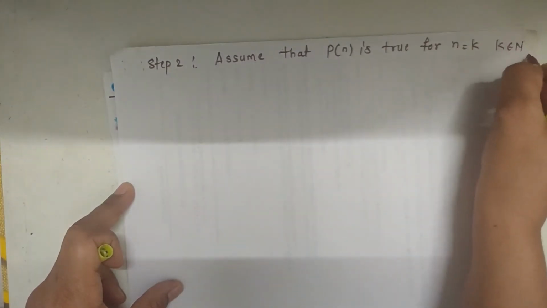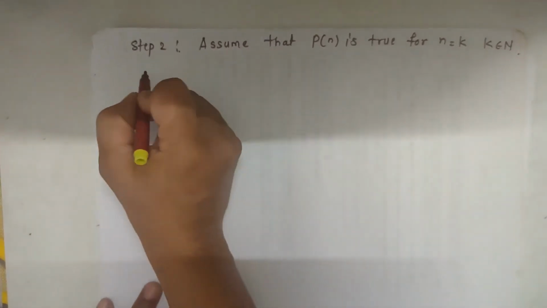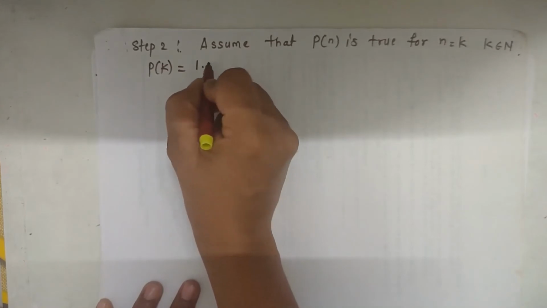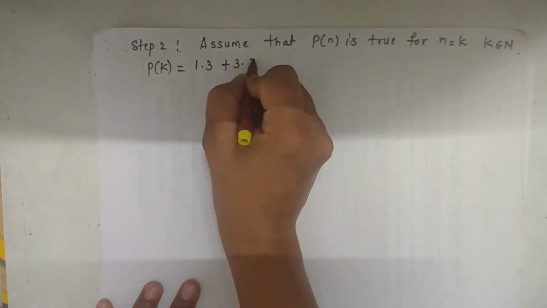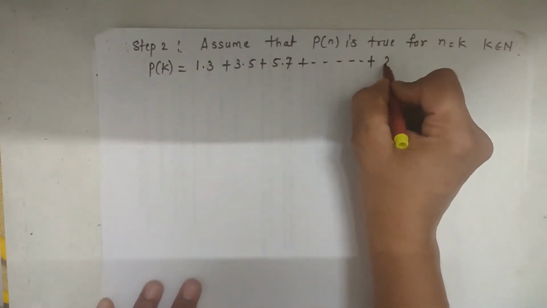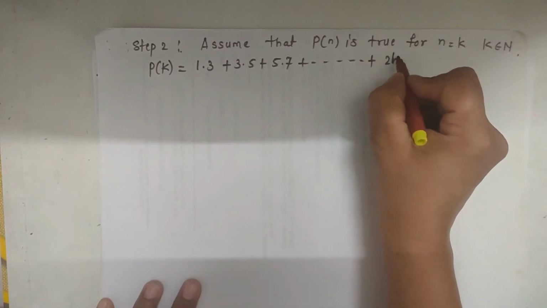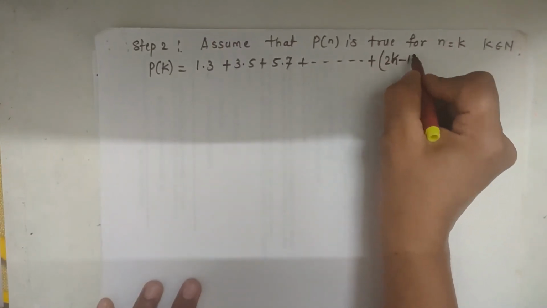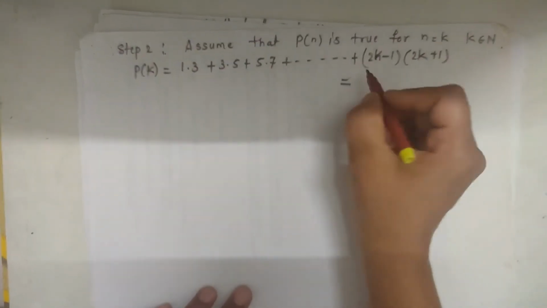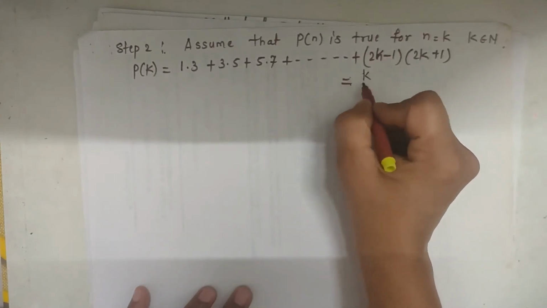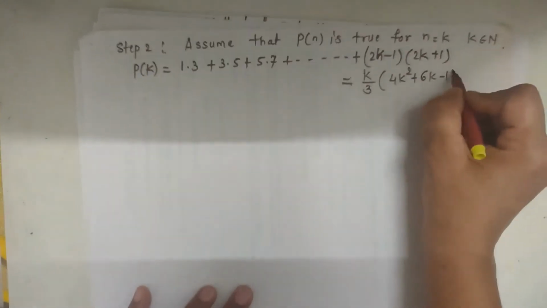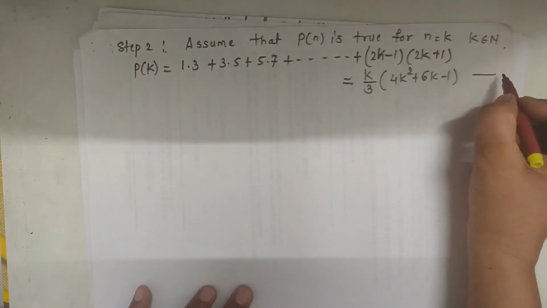Here k belongs to the natural numbers. So the P of k statement can be written as 1 into 3 plus 3 into 5 plus 5 into 7 plus up to the nth term, which is 2n minus 1 into 2n plus 1. Here n is equal to k. So here write 2k minus 1 and 2k plus 1 is equal to k by 3 into 4k square plus 6k minus 1. This is equation number 1.